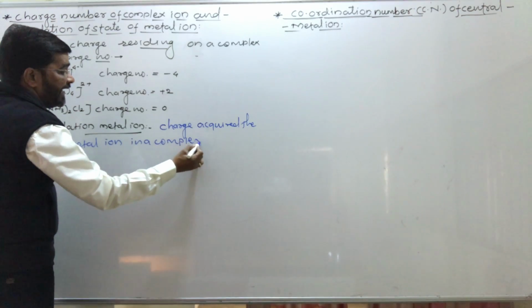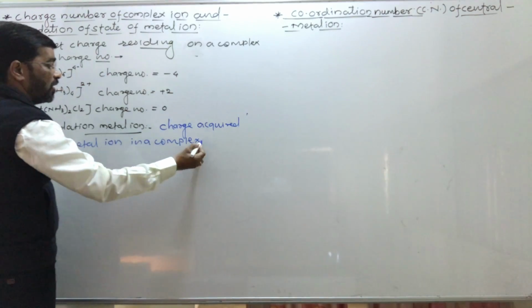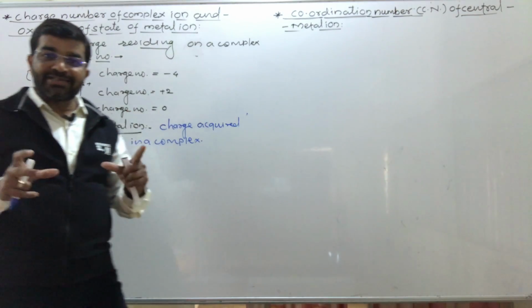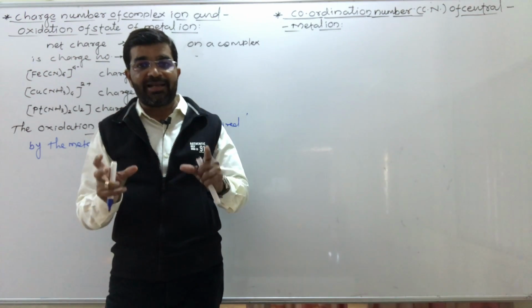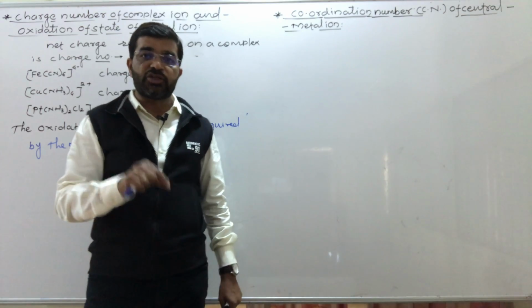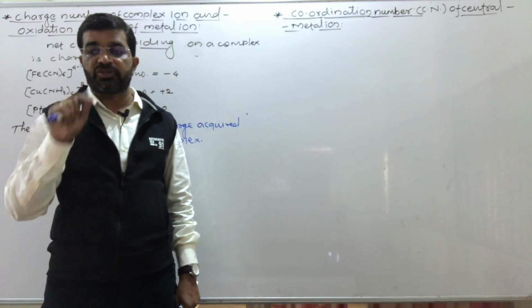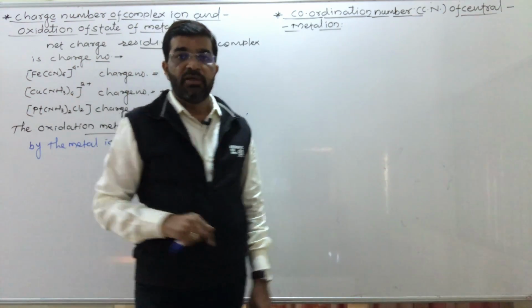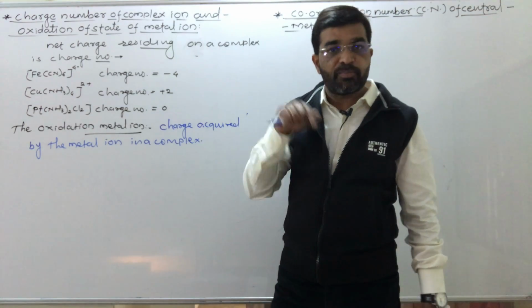That is called the oxidation number. What is the charge acquired by that metal ion in a complex? It is called the oxidation number, or the oxidation state, of that metal ion.